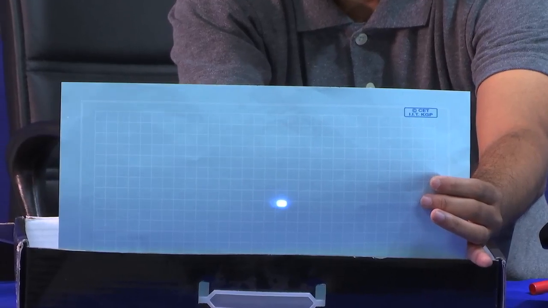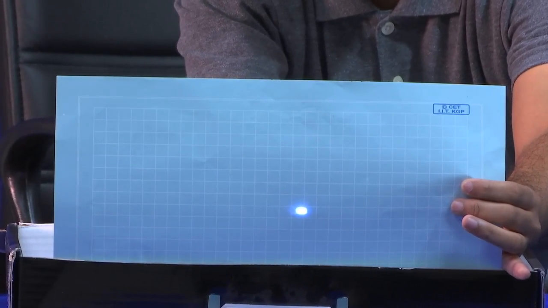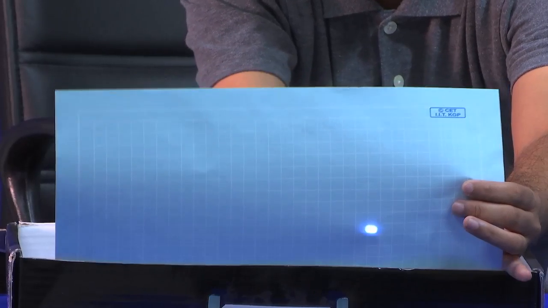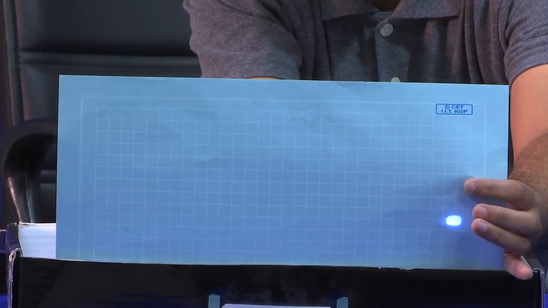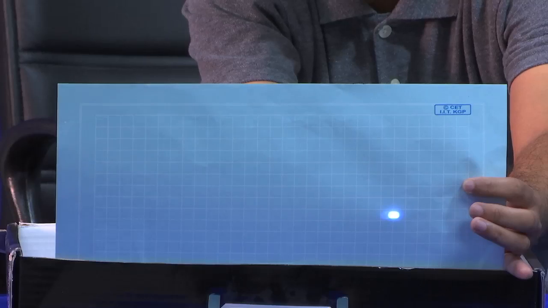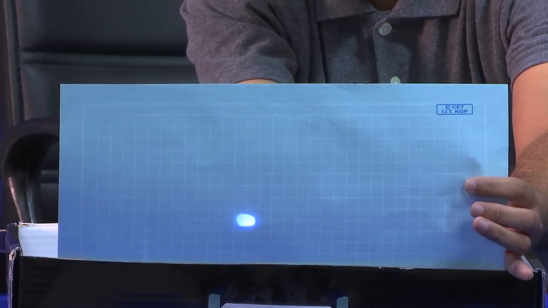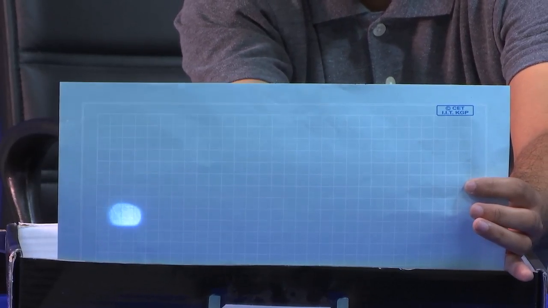If I apply positive voltage, only to the horizontal plates, then this will go towards the right like this. More positive voltage, it will go more towards the right. Less positive voltage, it will stay here. And if I apply negative voltage only to the horizontal plates, it will go to the left like this.